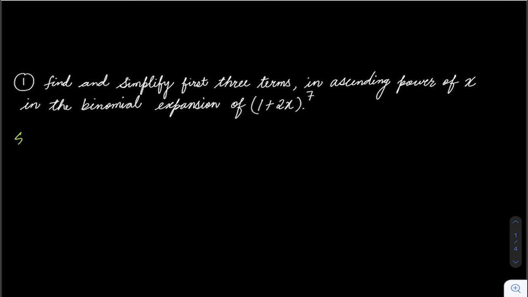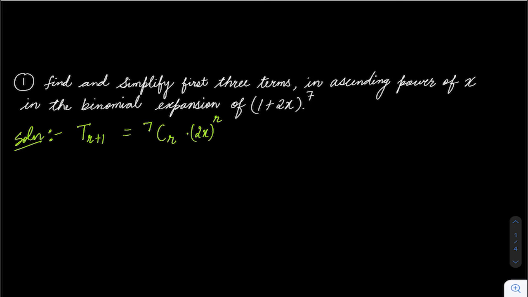So in almost every binomial question, first you write the general term. t r plus 1 is nCr. n is 7, so 7Cr times b power r. b means the second term, so 2x acts as our b and the first term acts as our a. So b power r, that is (2x) power r.